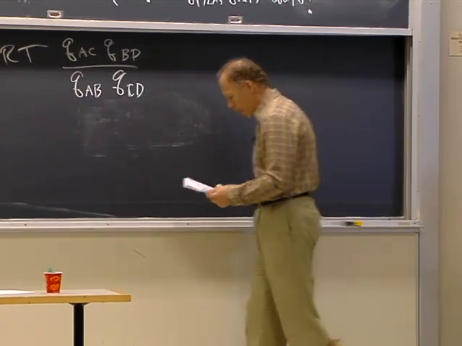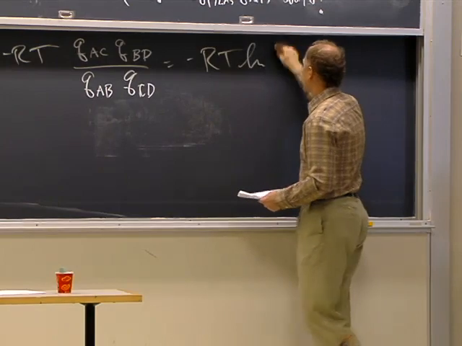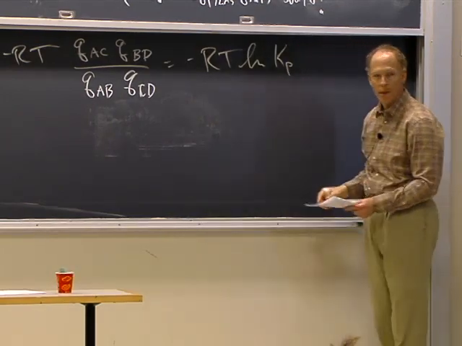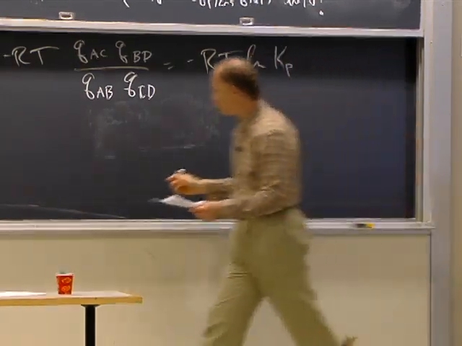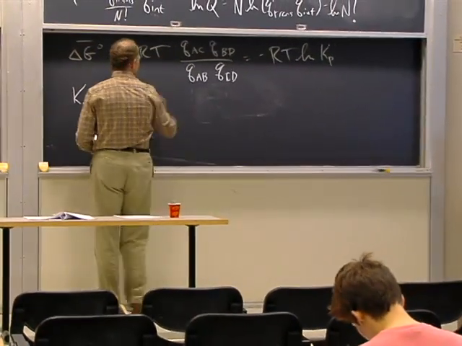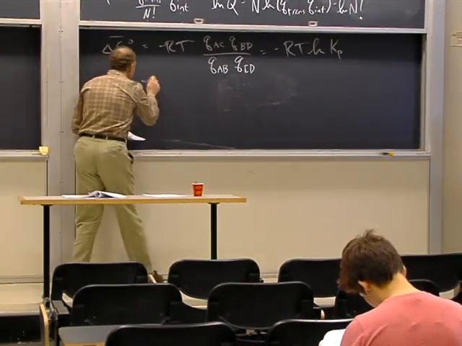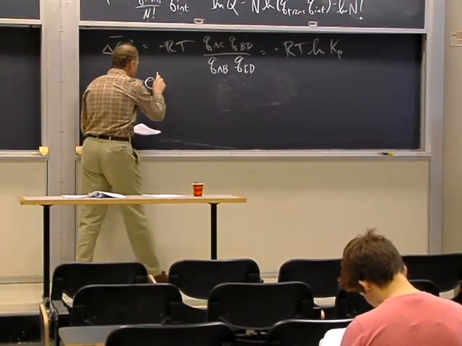All right, so here's delta G naught, and of course this is minus RT log Kp. So there's our expression for our equilibrium constant. So it's just this product. Let's just put in the partition functions for the electronic part.